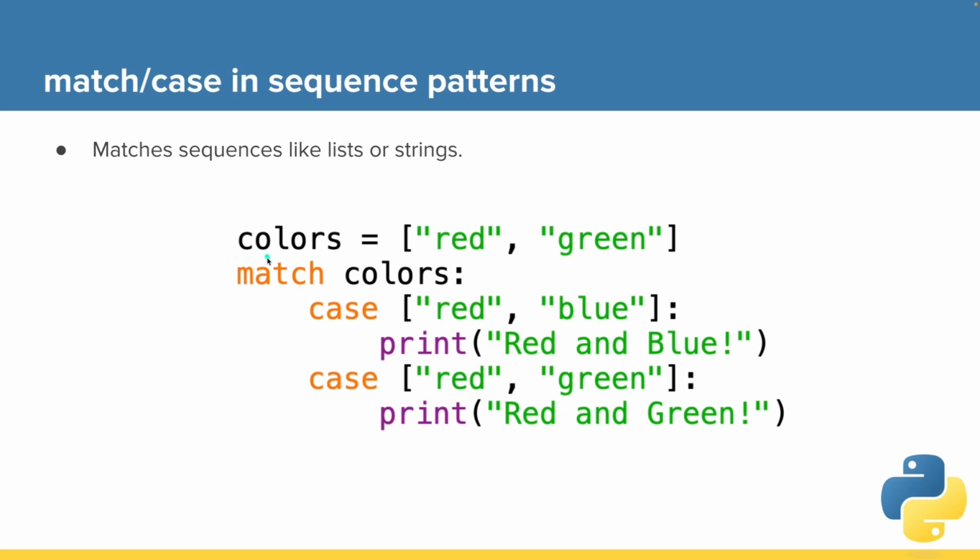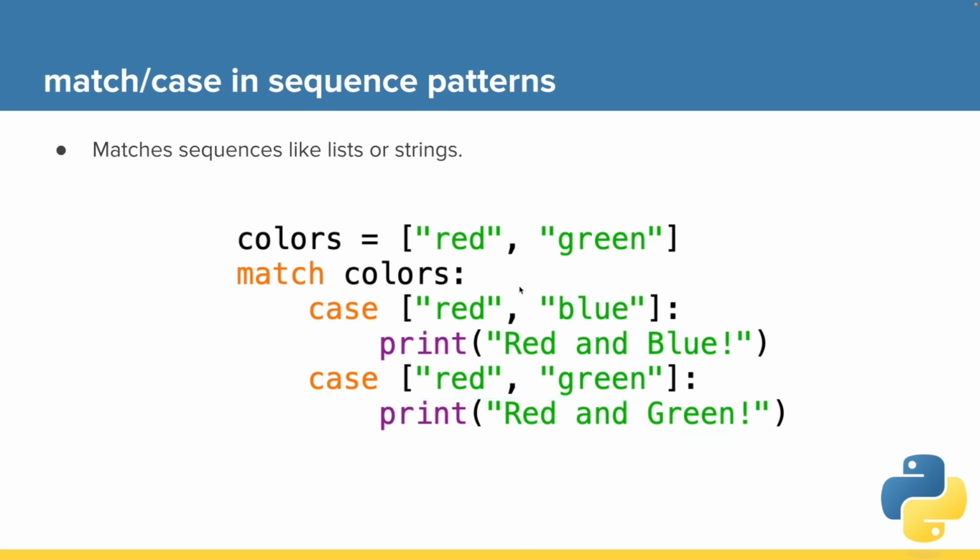We can have a variable colors assigned the value of a list that contains the strings red and green. So we're matching on that variable colors. In the case that that variable is a list with red and blue, we'll print red and blue. In the case that it's a list with red and green, we'll print red and green.